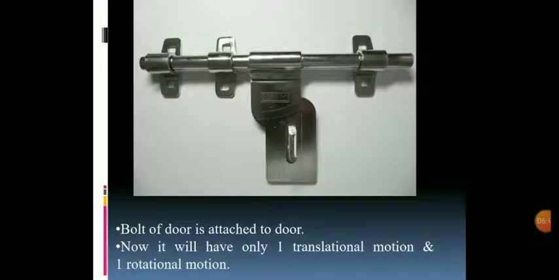So how many restraints are imposed? It will be 4. And if I calculate the degrees of freedom, it will have 2 degrees of freedom, that is 2 independent motions for the bolt of the door, 1 translational and 1 rotational motion.